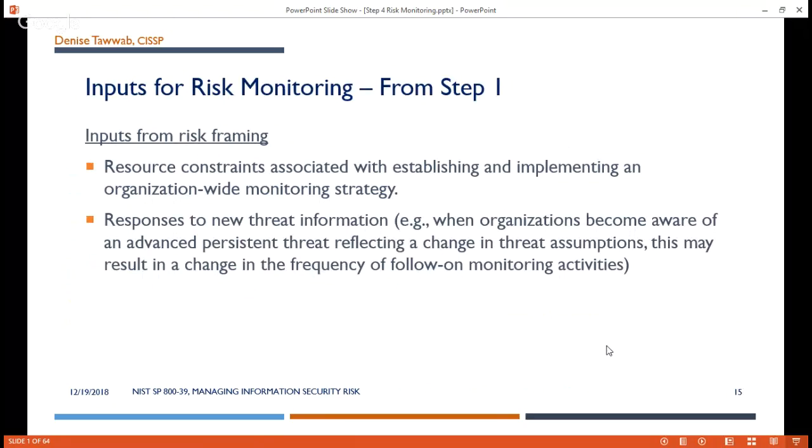For example, when organizations become aware of an advanced persistent threat reflecting a change in threat assumptions, this may result in a change in the frequency of follow on monitoring activities. So, if we know we're being threatened, we may increase the frequency of our monitoring activities. So, that's your input from the risk framing step.